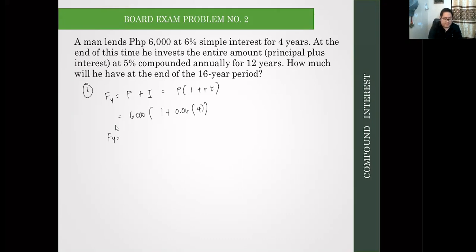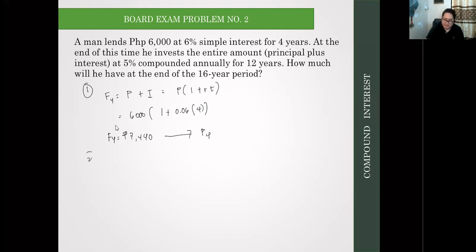So 6,000 times 1 plus 0.06 times 4, we have 7,440. So ito yung pera niya at the end of 4 years. Itong pera na to, ito yung magiging present value niya sa ika-4 na taon natin. Okay? Present value natin pag i-reinvest na natin siya for compounding account.